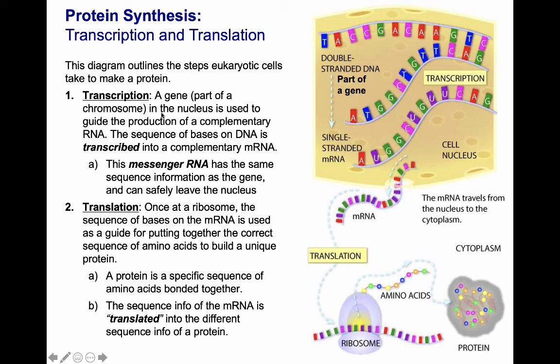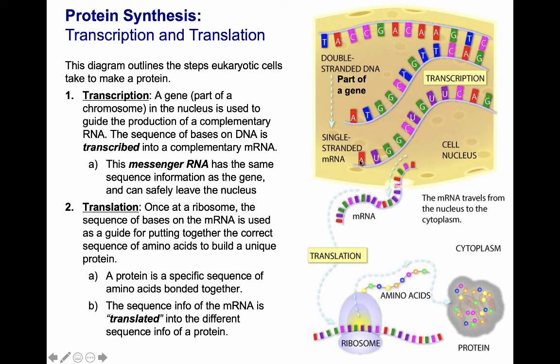And transcription comes first. This is where the information in a gene, the sequence of bases on a segment of DNA, in other words, those are converted into the sequence of bases on an RNA molecule.